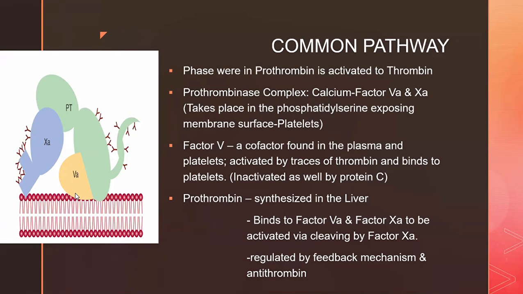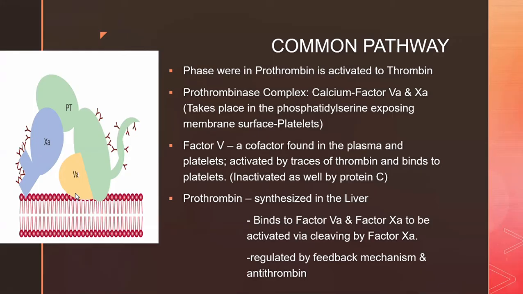Now, your prothrombin would be activated mainly by your factor 10. Please take note of that. Prothrombin would be mainly activated by your factor 10 only in the presence of factor 5 as a cofactor.